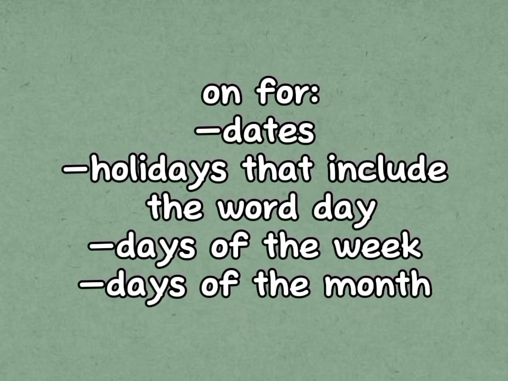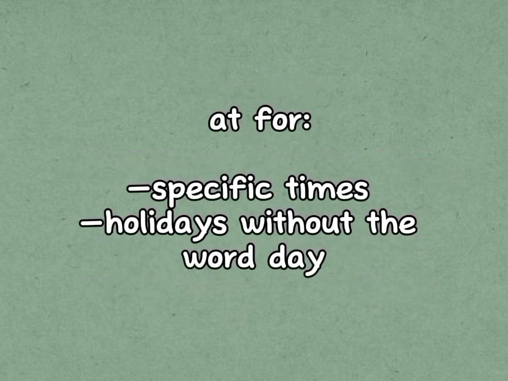We use on to talk about dates, holidays that include the word day, days of the week, and days of the month. We use at to talk about specific times and holidays without the word day.